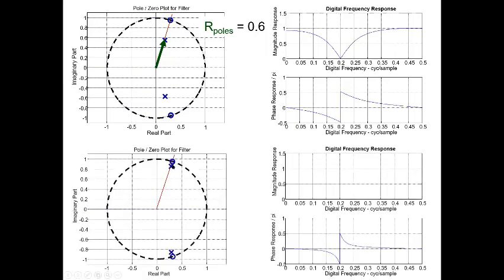If I move that pole much, much closer on the same radius to the zero, I still get the same notch frequency. That's set by the zero position. But now notice the width of that notch got much narrower. And so we can actually control the width of notches, or bandpass if we don't have the zeros there, by the proximity of the pole to the unit circle.